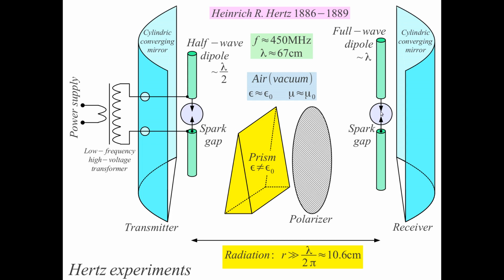To have the highest voltage here, he accurately adjusted the gap to have the shortest possible gap to see the spark. He optically observed the spark here, and also he adjusted exactly the length of both the receiving dipole and the transmitting dipole to have both dipoles on the same frequency, though the design of the dipoles is different. The transmitting dipole is a half-wave dipole, the receiving dipole is a full-wave dipole.